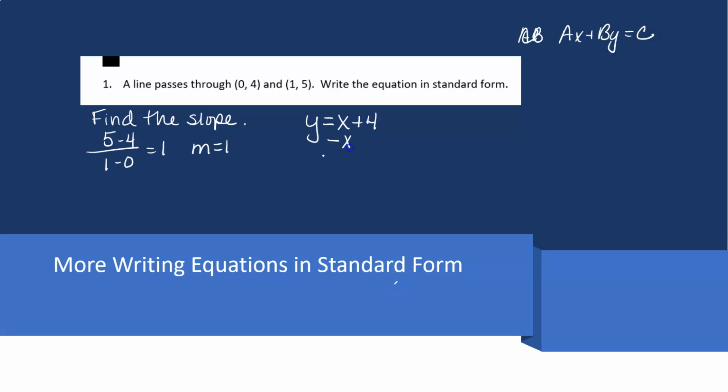So I'm going to subtract x from both sides. So I have negative x plus y equals 4. Can't have a negative a, so I've got to divide by negative 1, changing all of my signs, and we're done. So I would say if you are given the y-intercept like this, I would use slope-intercept form.